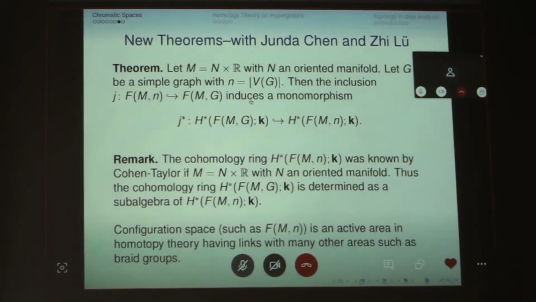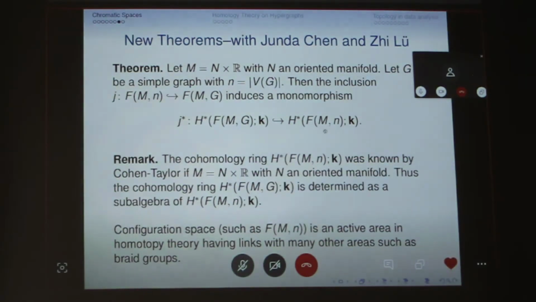Then it will induce a group homomorphism from the cohomology of the geometric space to the cohomology of the configuration space. Now the theorem is that this group homomorphism actually is a monomorphism, so it's injective.